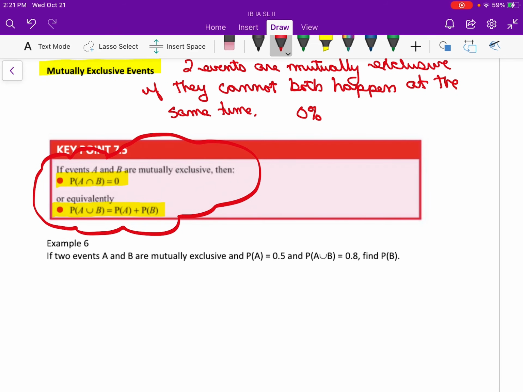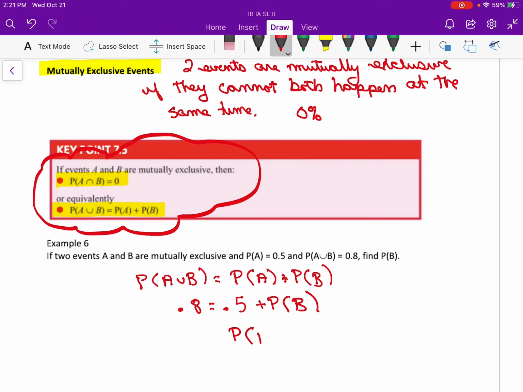All right, so if you have 2 events, A and B, that are mutually exclusive, and the probability of A is 0.5 and the union is 0.8, find P of B. So as we said above, the probability of A union B is just probability of A plus probability of B. All right, and we know that their union is 0.8 and that A is 0.5, and we want the probability of B, so it is just 0.3.